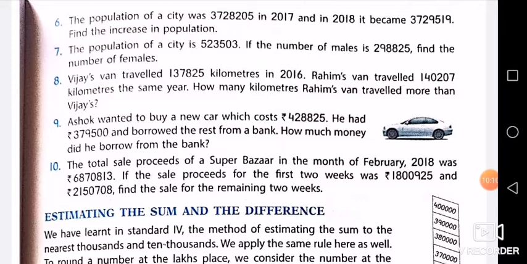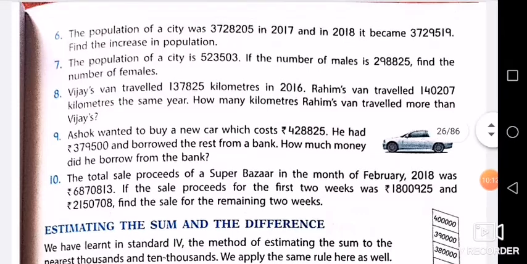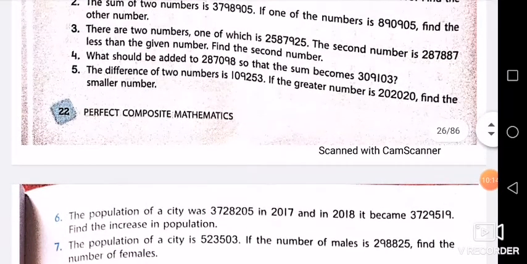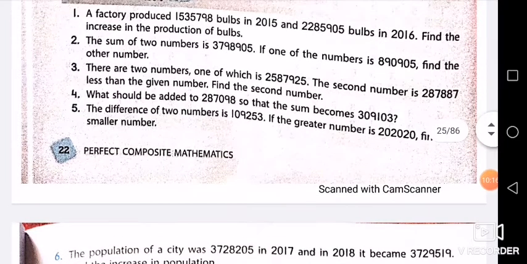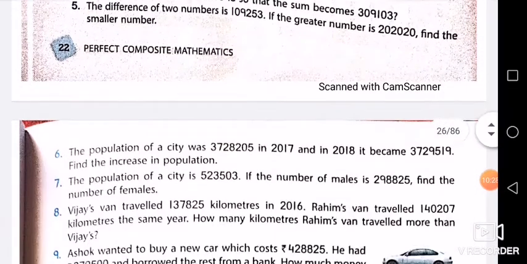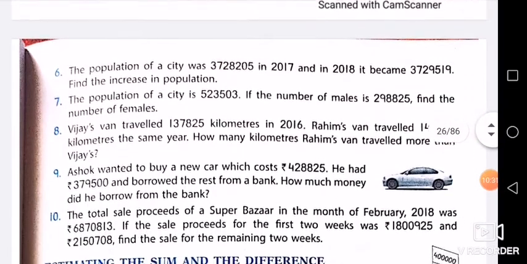Now this question is the same as question number 1, where you have to find the increase in the production of bulbs, but we will not write the question in the same way, because production of bulbs can be increased since that work is done by machinery, but this is a human cause, so it cannot be written in that way.